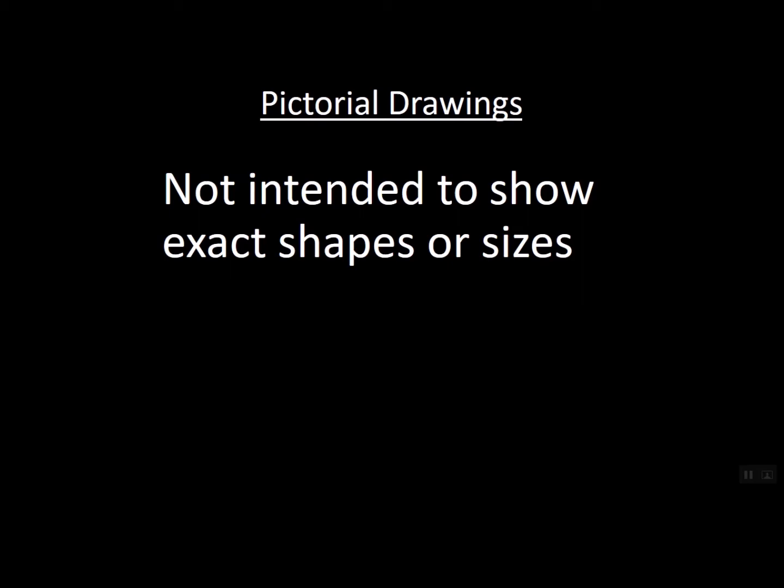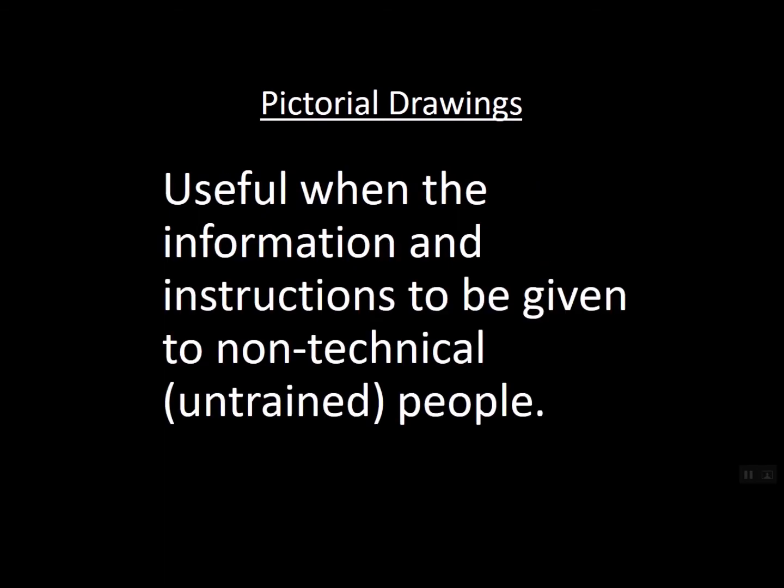Pictorial drawings do not. Okay, so why would we even draw them? Why would we bother with them? What's the point? Well, pictorial drawings are rather useful when we're talking to somebody who's non-technical, somebody who's not been trained to read blueprints or shop drawings or these multi-view orthographic drawings. Need something a little bit easier to understand, and that's where the pictorial drawing comes in.